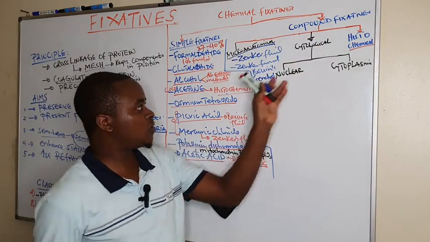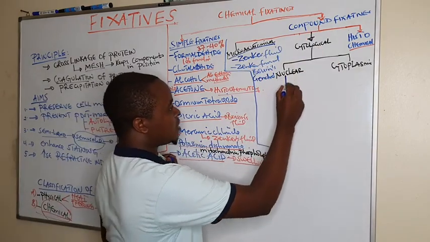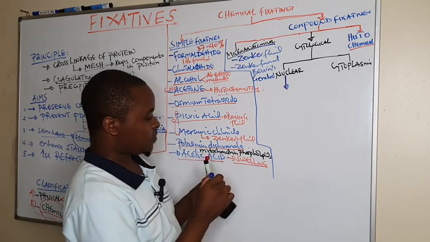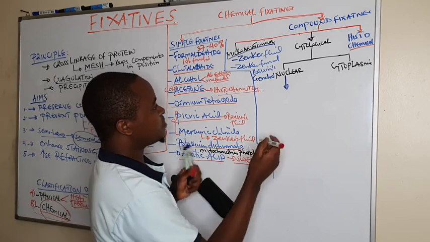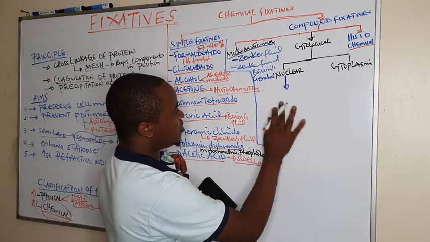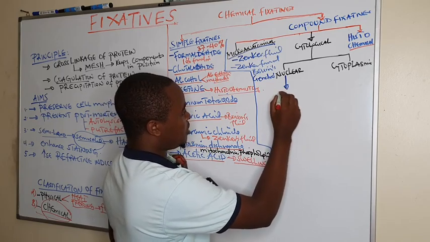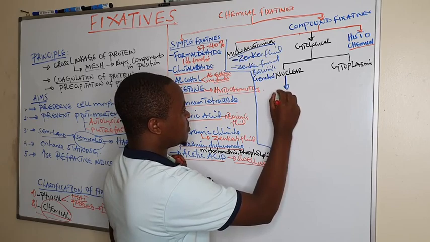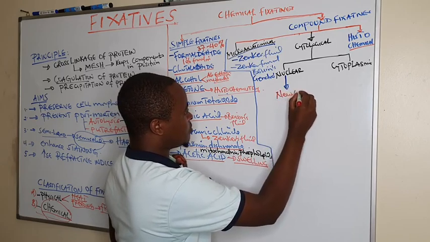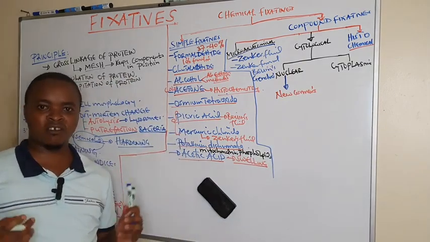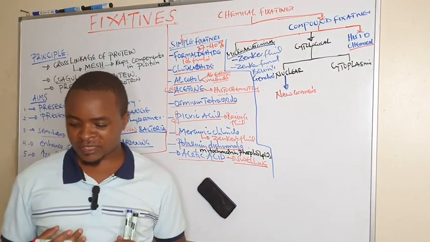Whereas cytological, we have the nuclear ones, and under nuclear we shall see examples of nuclear fixatives. We have Newcomer's fixative, which is one of the nuclear fixatives.